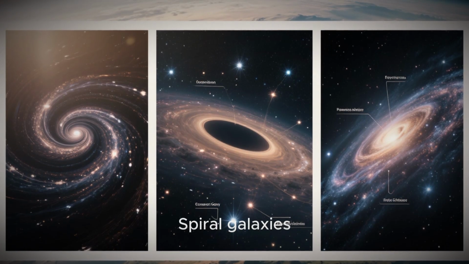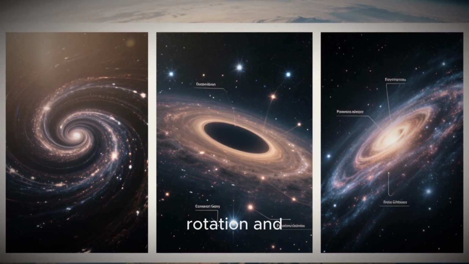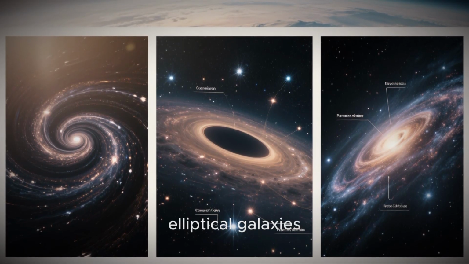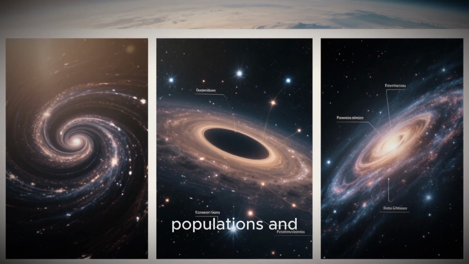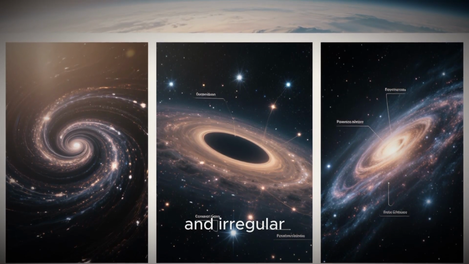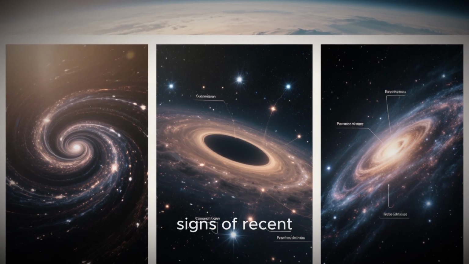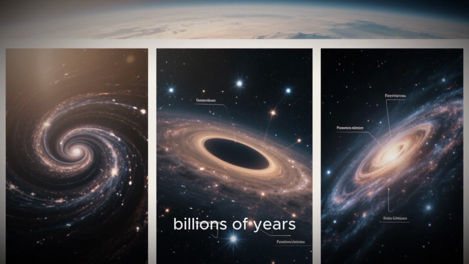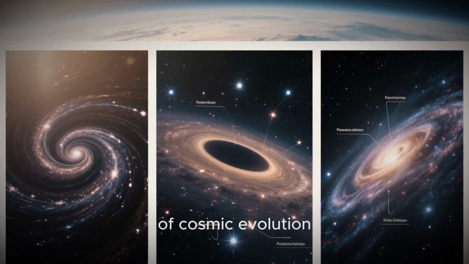Spiral galaxies, with their ordered rotation and ongoing star formation. Elliptical galaxies, with old stellar populations and chaotic dynamics. And irregular galaxies showing signs of recent disturbances. All are products of billions of years of cosmic evolution.